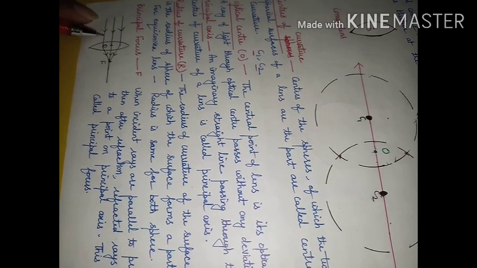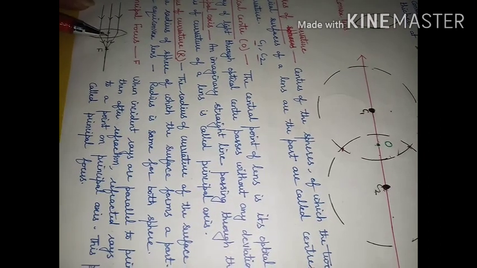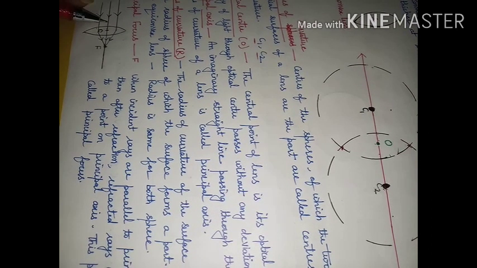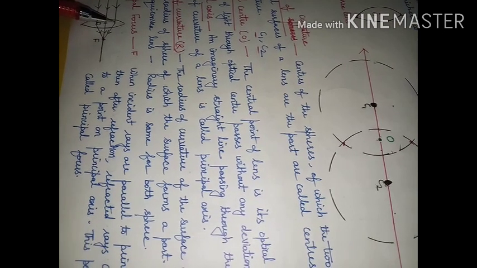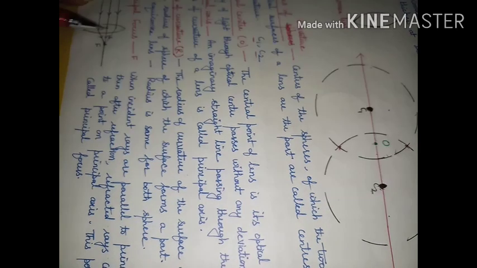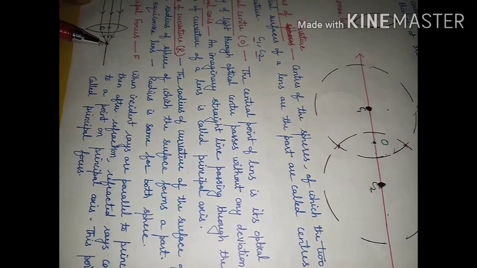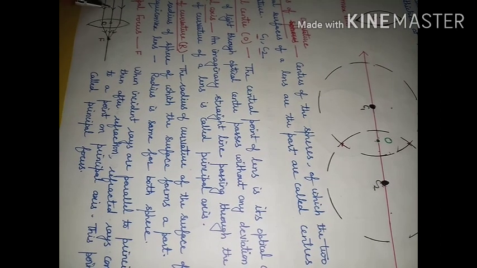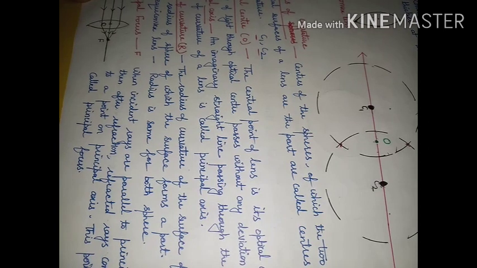These are parallel rays parallel to the principal axis. This ray of light is passing through the optical center, so it will not deviate. This is not passing through the optical center, so it will deviate. This will also deviate, and after passing through the lens, they all will meet at one point. So the point where these parallel rays after refraction meet will be known as the principal focus.